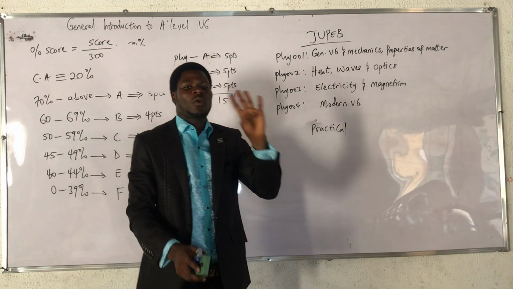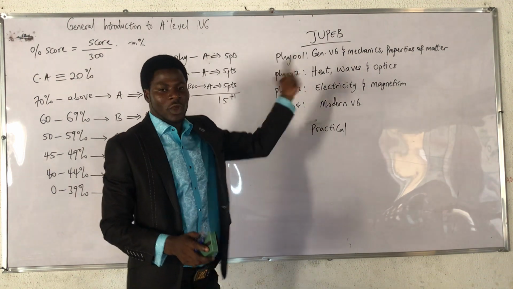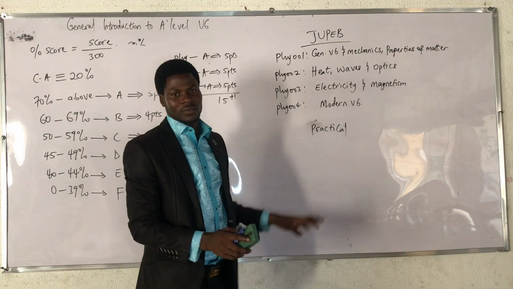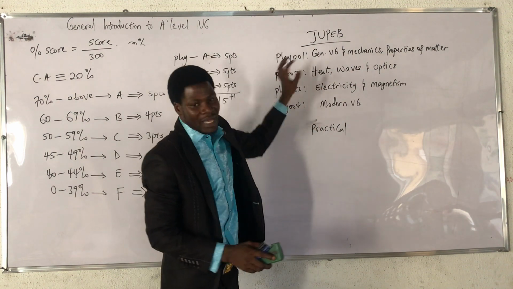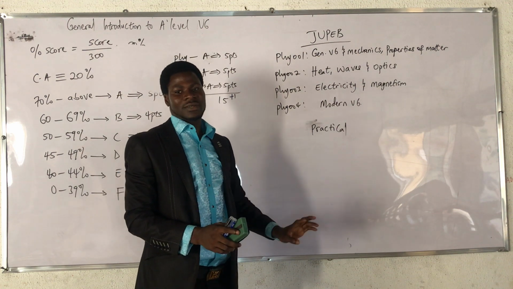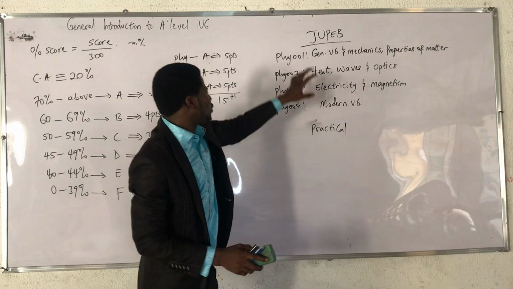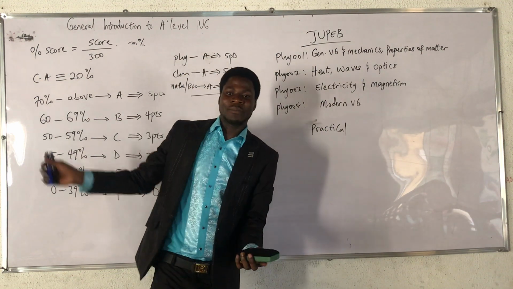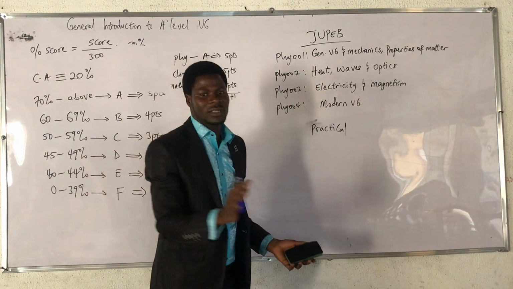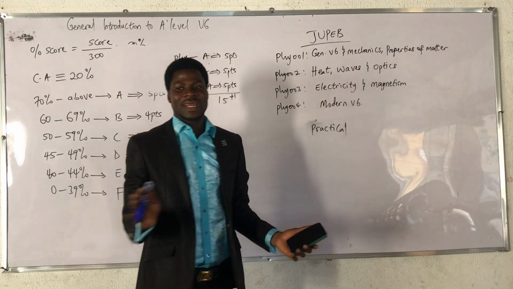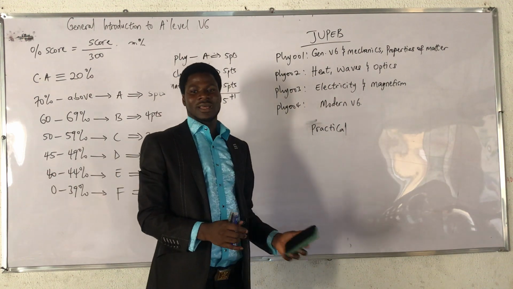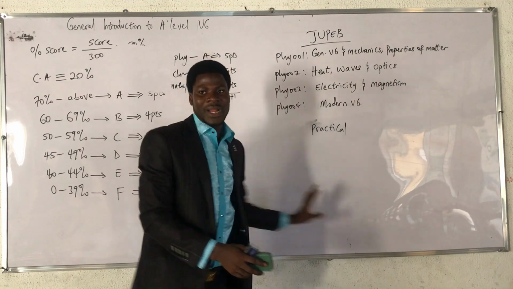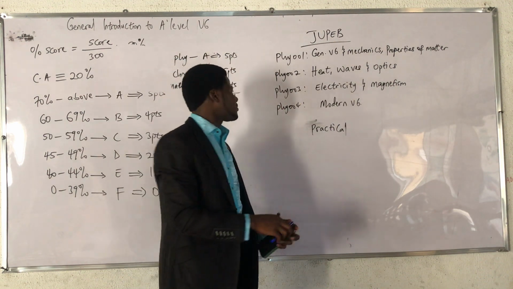So you are answering just 4 questions in theory, 1 from each section. Unlike the other exam, whereby you do physics 1 separate, physics 2 separate, then practical. Here it is just 2: objective and theory once, then practical. Okay?